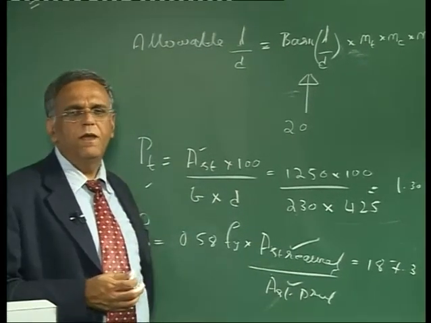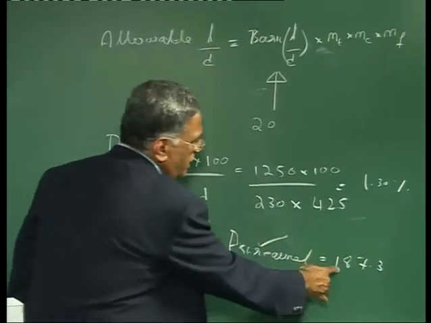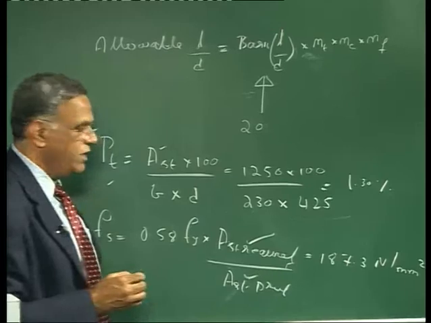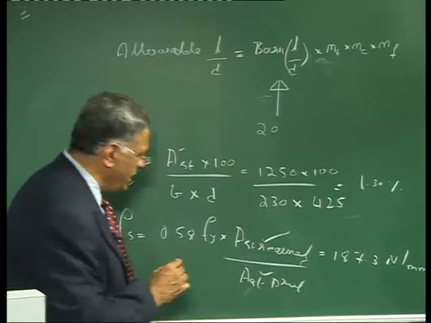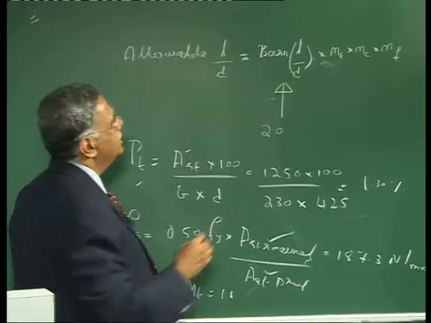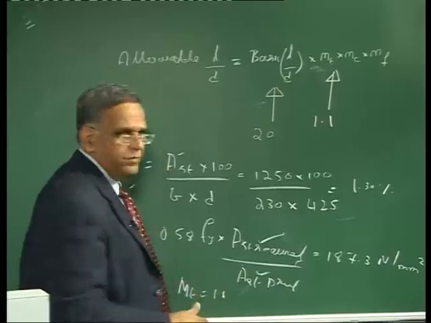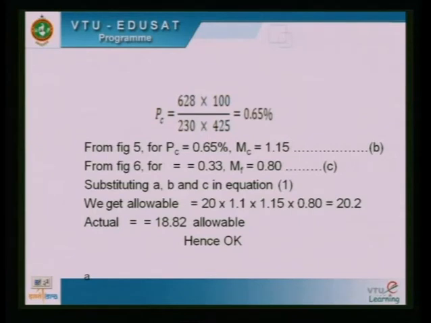From figure 4, for PT equal to 1.3% and for Fs equal to 187.3 newtons per mm square, you can get the value of MT. After referring to this, the value of MT is 1.1. In this formula I am going to substitute the value of 1.1. I think you have understood this method of picking up the value of MT from figure number 4.